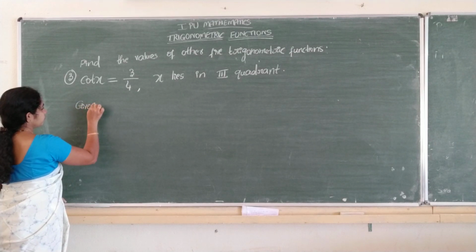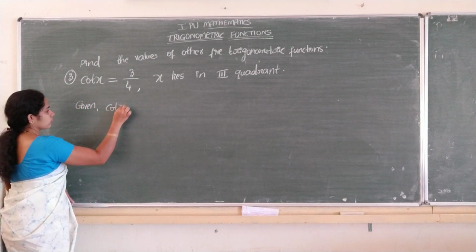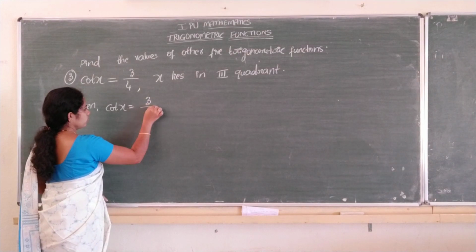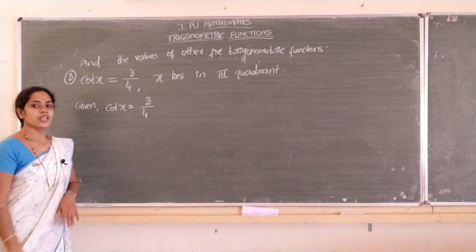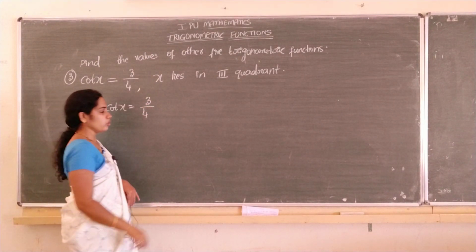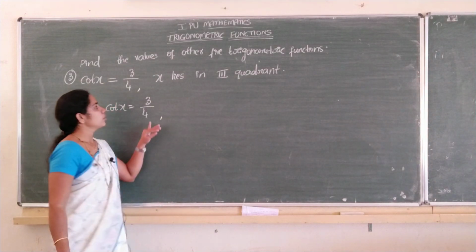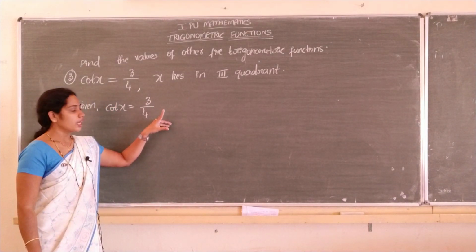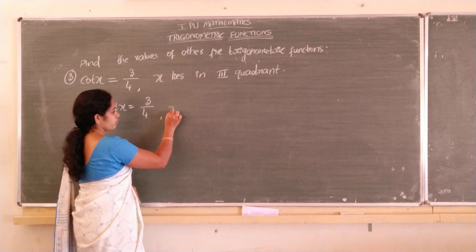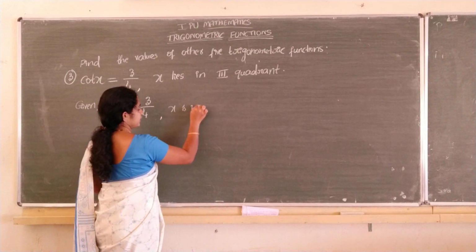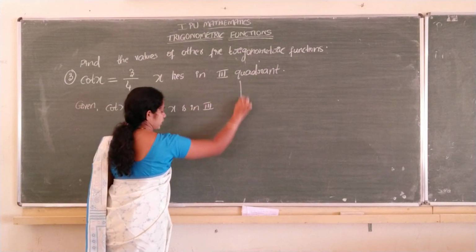Given cot x equal to 3 by 4, where x lies in the third quadrant.